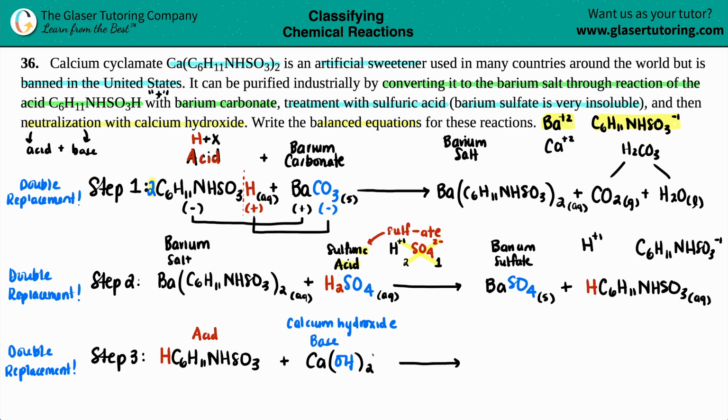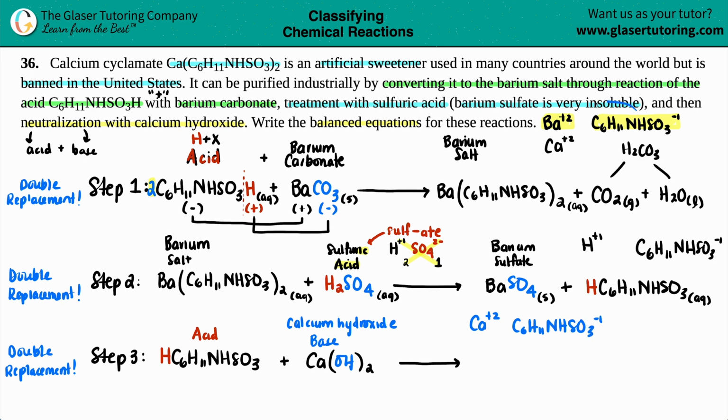So outers go with outers, inners go with inners. The H plus is going to hook up with the OH minus, and you get the calcium with the whole big substance, which is what we wanted in the beginning. We wanted calcium cyclamate, and that's exactly what it is. So let's try it out. So we got Ca, which is a +2 charge, coming in with the C6H11NHSO3.